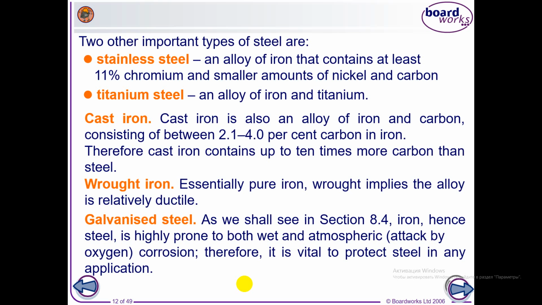The most external layer is pure zinc, but successive layers are a mixture of zinc and iron, with an interior of pure steel.